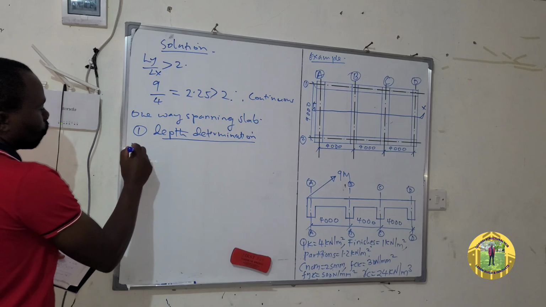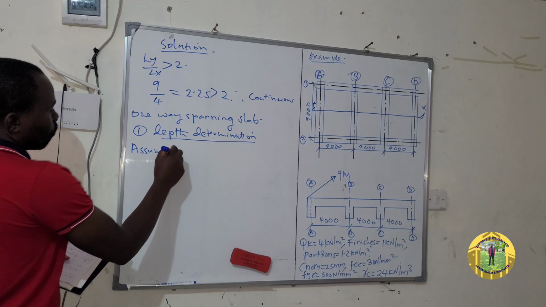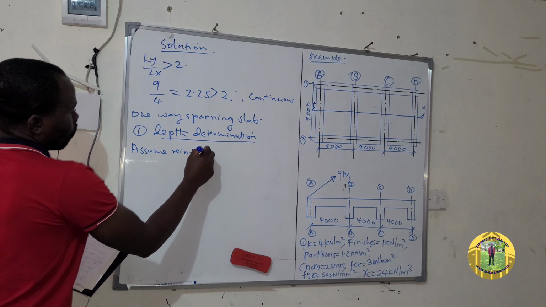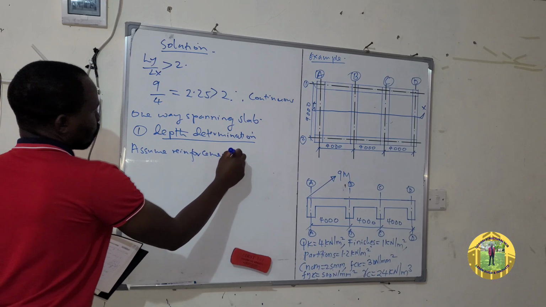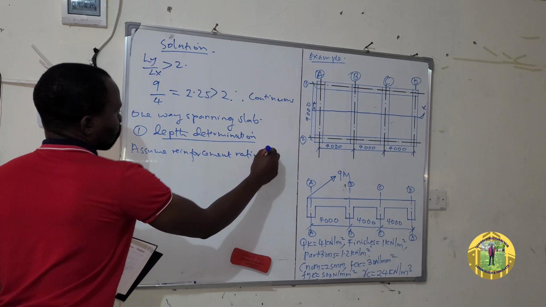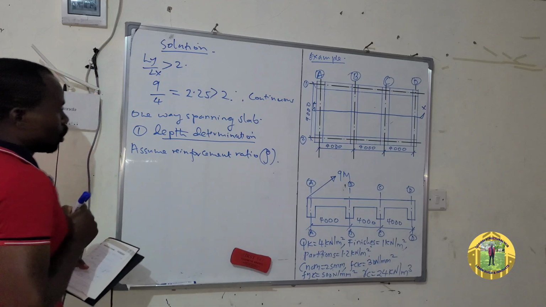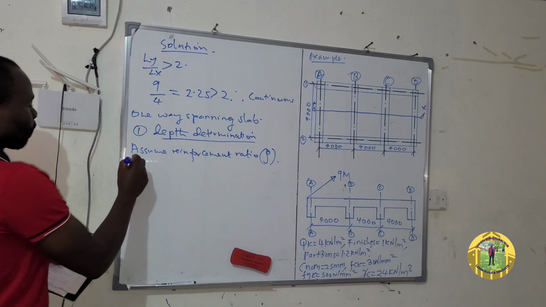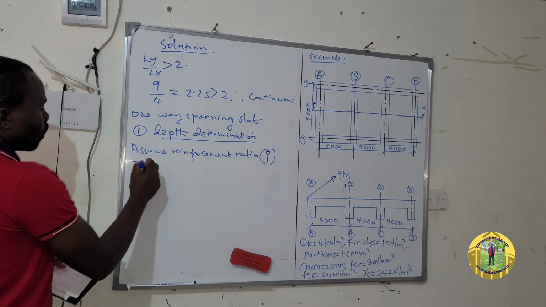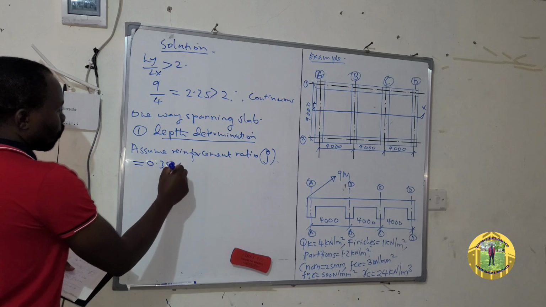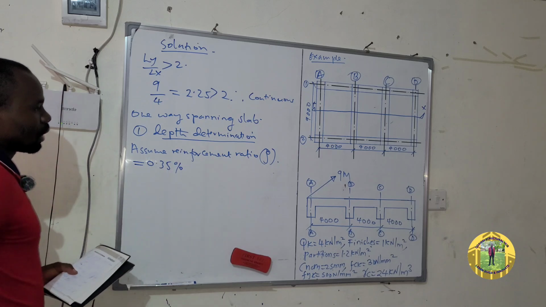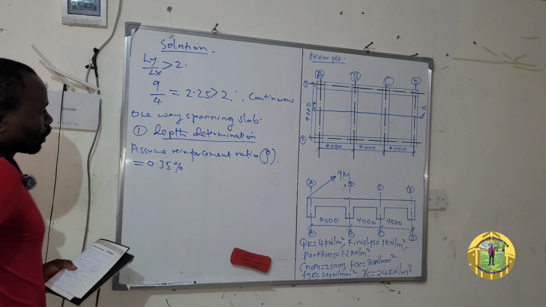So assume reinforcement ratio. So this is from the code. So we'll assume 0.35%. So remember, this is a lightly reinforced concrete.